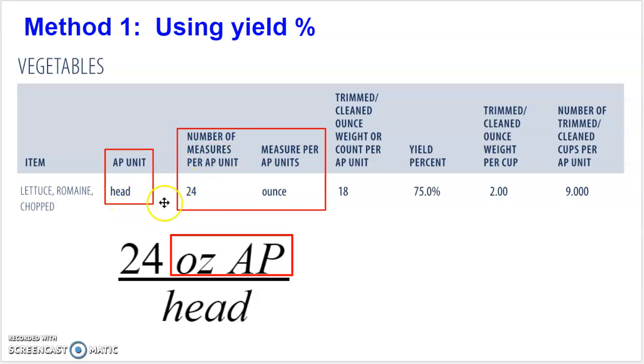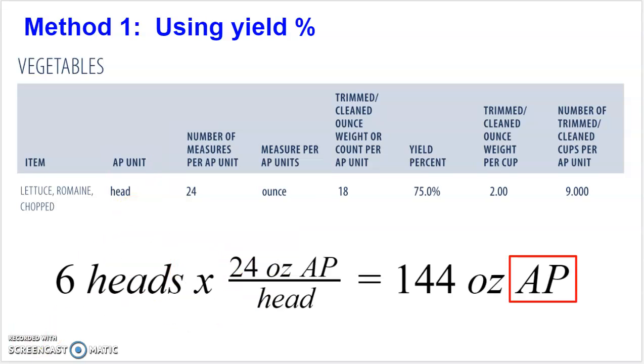So practice reading those Book of Yields headings, because I think they can be very confusing. So this one is saying that it's 24 ounces per AP head. So that's what I wrote down here. Then because I have 6 heads, I take my 6 heads times 24 ounces AP per head, and I get 144 ounces AP. Notice I'm labeling AP.